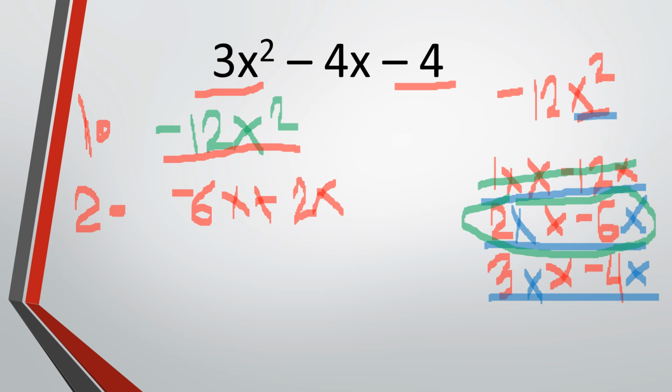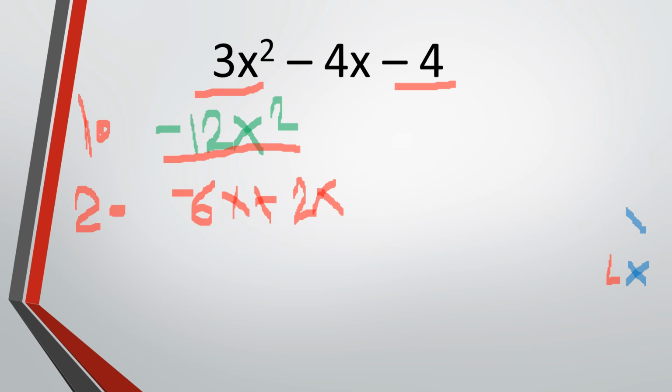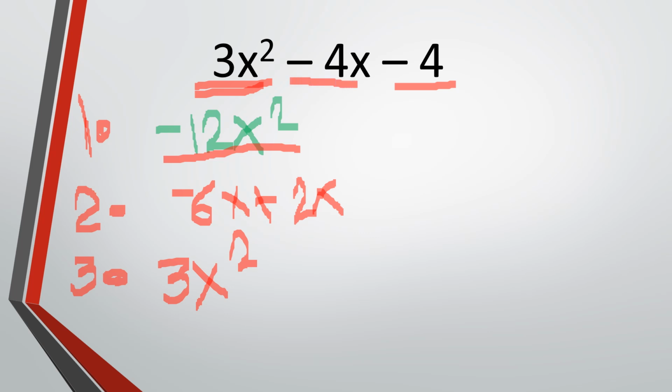That will be now our step 2. Now, let me erase this. Now, let's proceed with step 3. In step 3, we will just rewrite the expression. So, you will copy the first term, 3x squared. Now, do not copy this middle term.